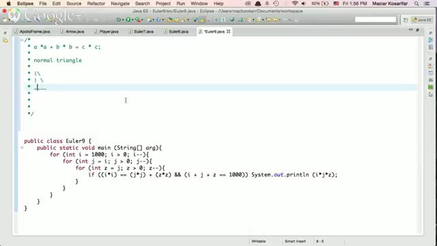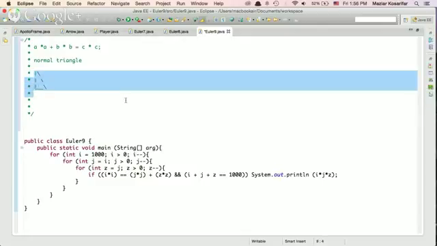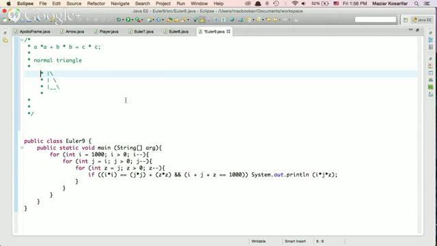It should be something like this, where this side is A, this side is B, and this side is C.